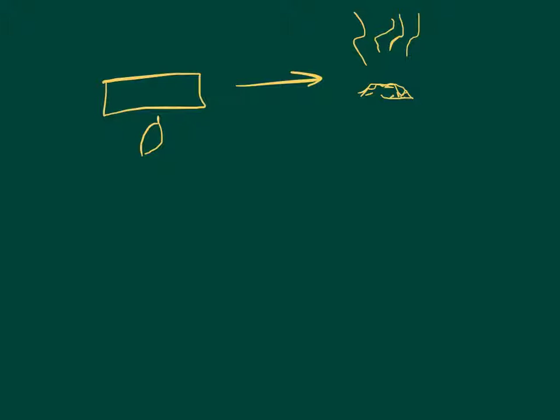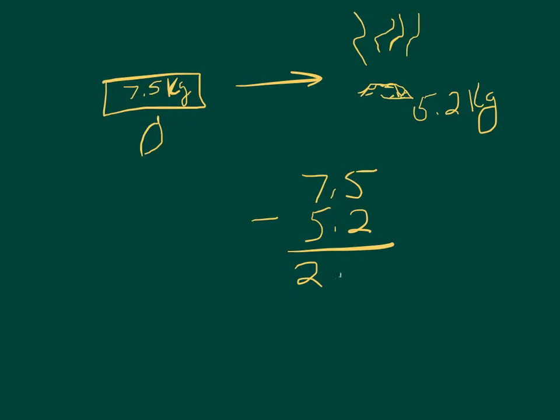Well, all he needs to know is how much did his wood weigh beforehand. So let's say 7.5 kilograms. How much did the ash weigh after? 5.2 kilograms. Which meant that the hot gases that were produced in smoke must have been 7.5 minus 5.2, which is 2.3 kilograms. Easy.